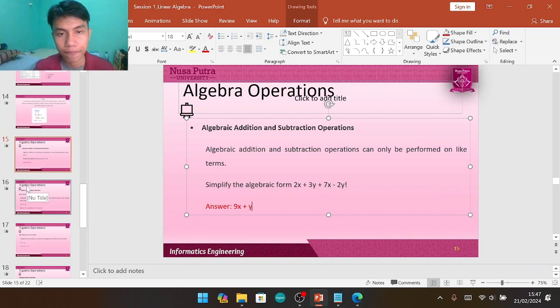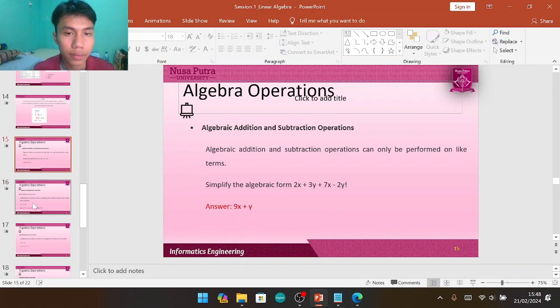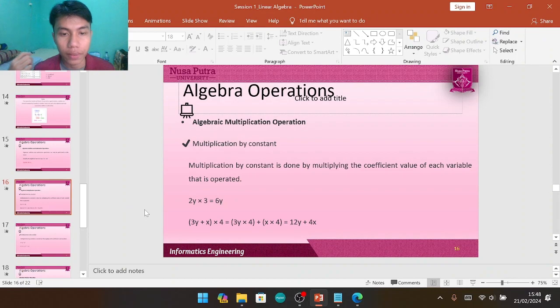Okay, next, algebraic multiplication operation. So multiplication by constant. Multiplication by constant is done by multiplying the coefficient value of each variable that is operated. So there is the example 2y multiplied by 3. It becomes 6y.